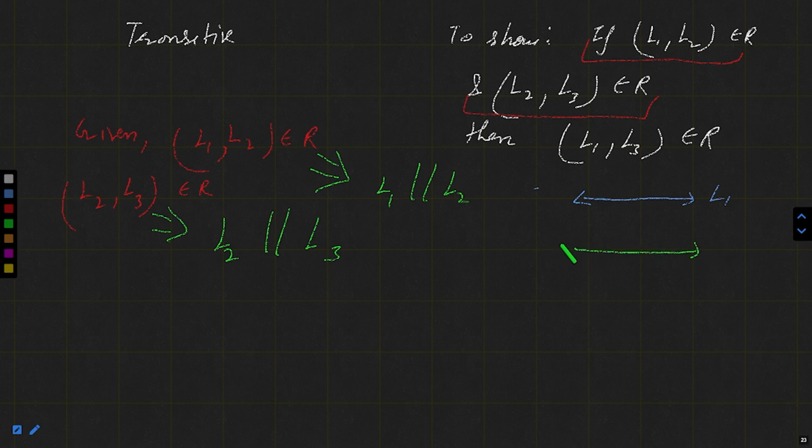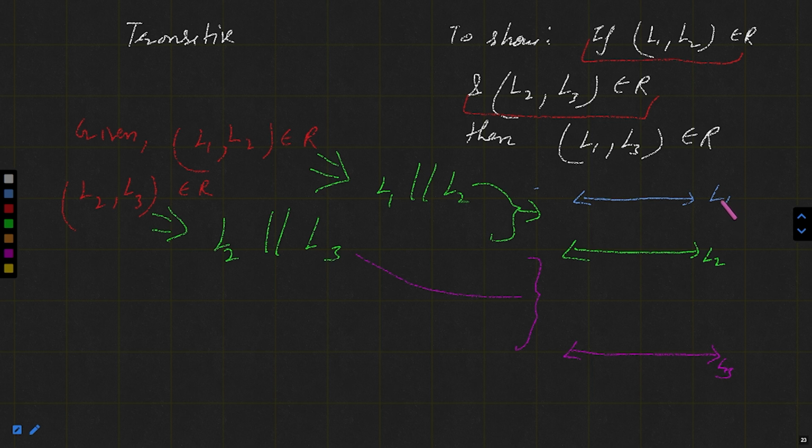L2 line. From here, as we know that L1 and L2 are parallel, this means that they will never intersect each other or cut each other. Now here we are having the L3 line, and we know that L2 and L3 will not cut each other.